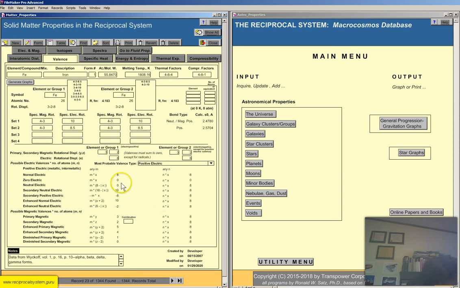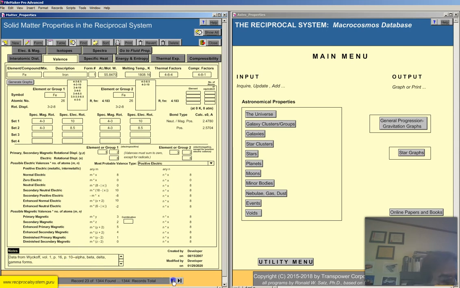So y and x are here, and x is here, and these are all the different types of valences you can get. And I do want to give a shout out to Professor Wyckoff, who did an amazing amount of work on crystal structure. So I made heavy use of his work, as did Larson himself. All right, so that's iron.